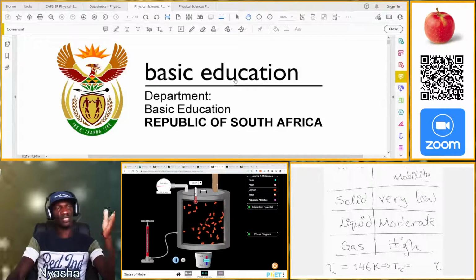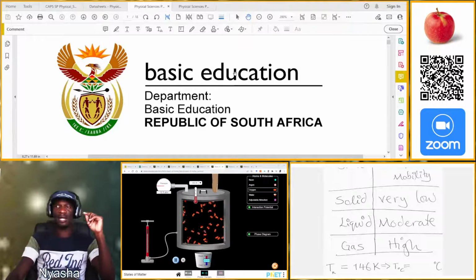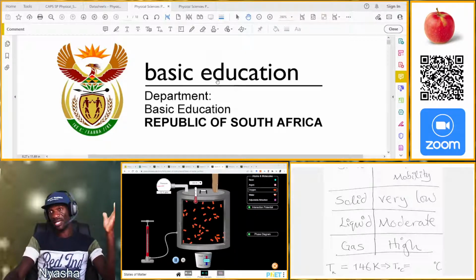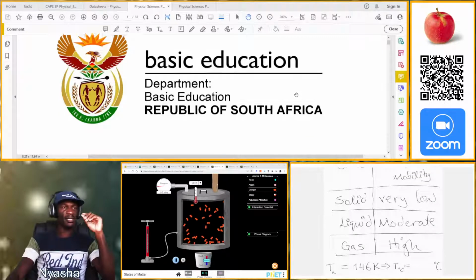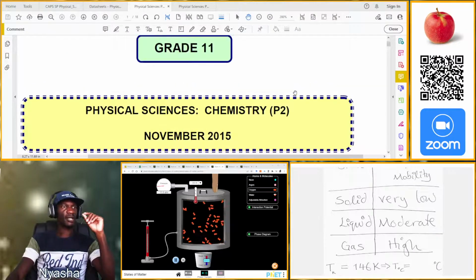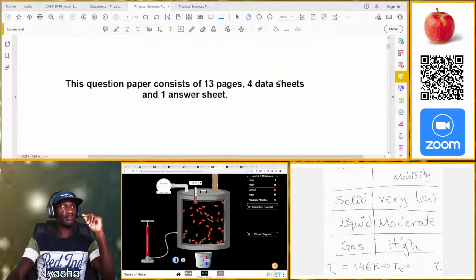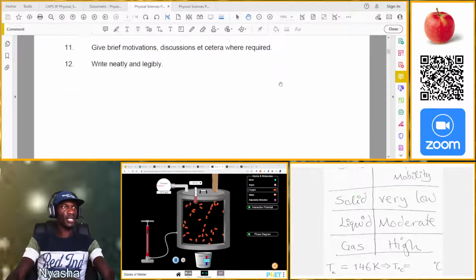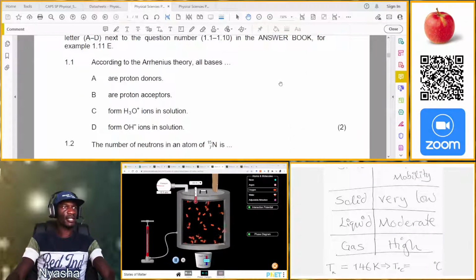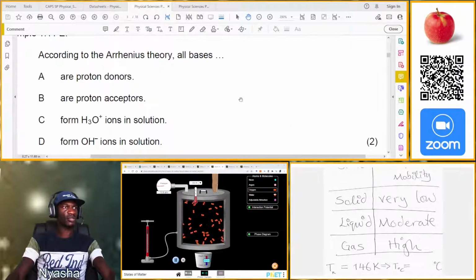So just try to take them from 2015 coming upwards to 2020 if we can get such a paper. So our papers are obviously grade 11, grade 12 papers, depending on the topic that is being studied. Then the questions that we will take, you will notice that they are arranged like this. So we've got a topic there.